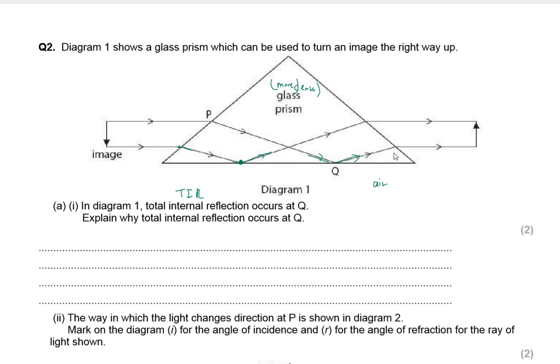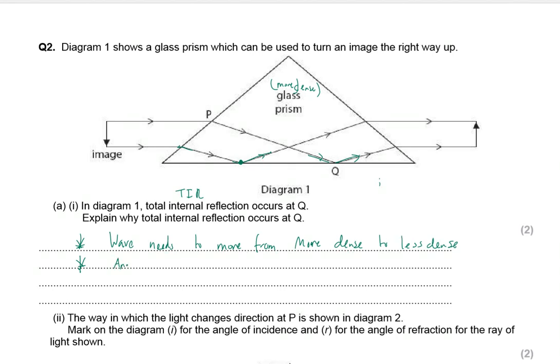Okay, but we know there are two conditions. So the first condition: the wave needs to move from more dense to less dense.